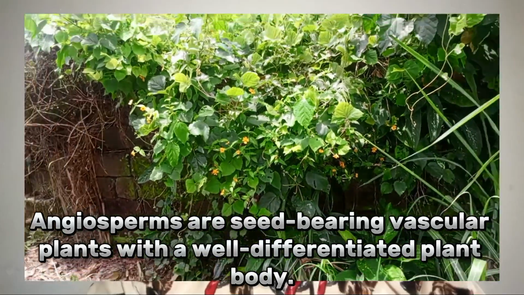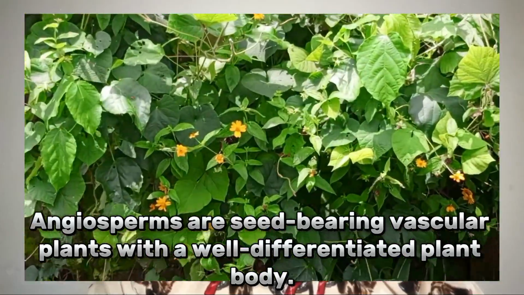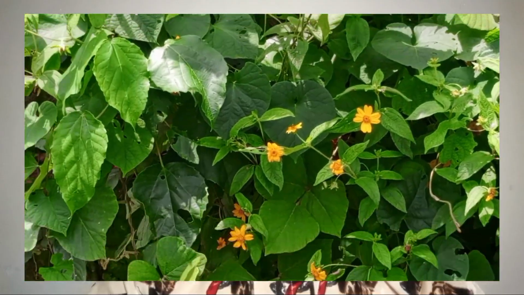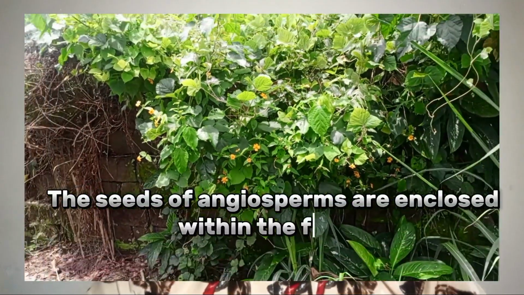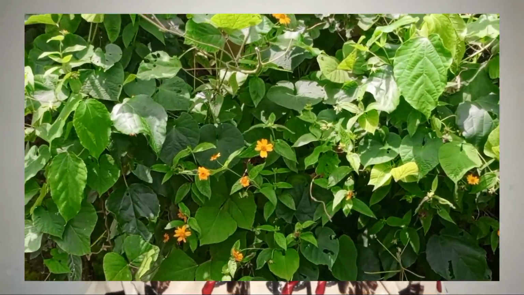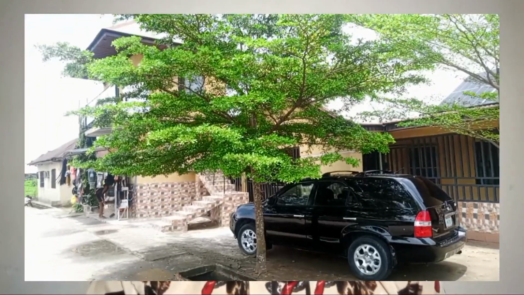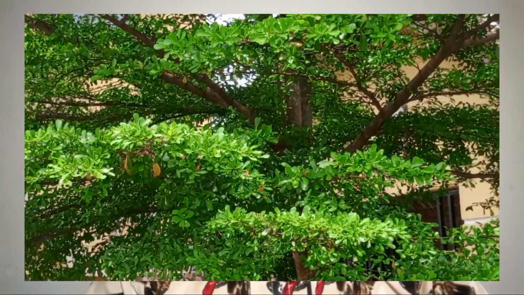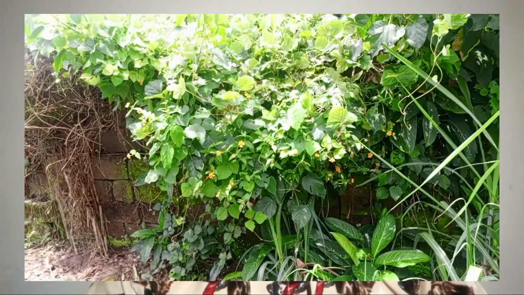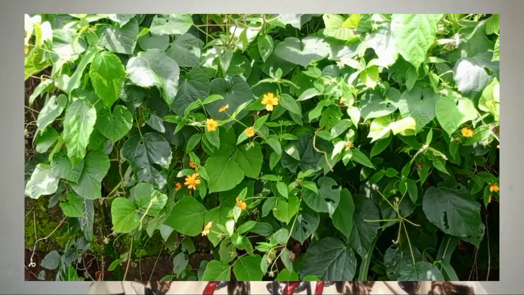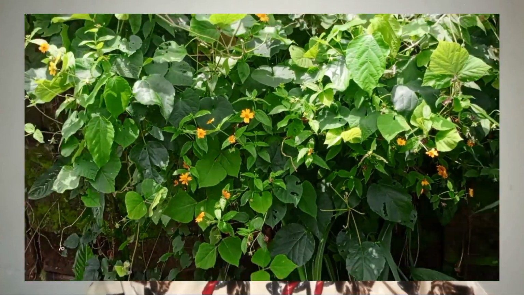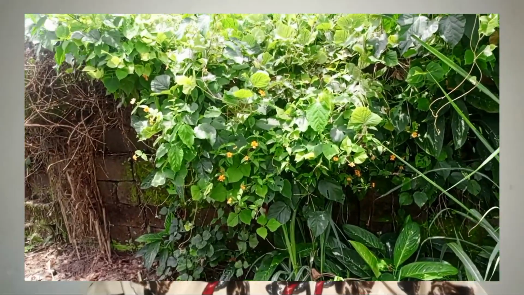Okay, their bodies, just like the gymnosperms and the pteridophytes, are divided into the roots, stems, and the leaves, and they produce seeds that are enclosed within the fruit, which differentiates them from the gymnosperms. So the angiosperms are basically fruit-bearing plants. They are also referred to as flowering plants because they reproduce by producing flowers, and the flowers eventually produce the fruits, the seeds enclosed within the fruit.